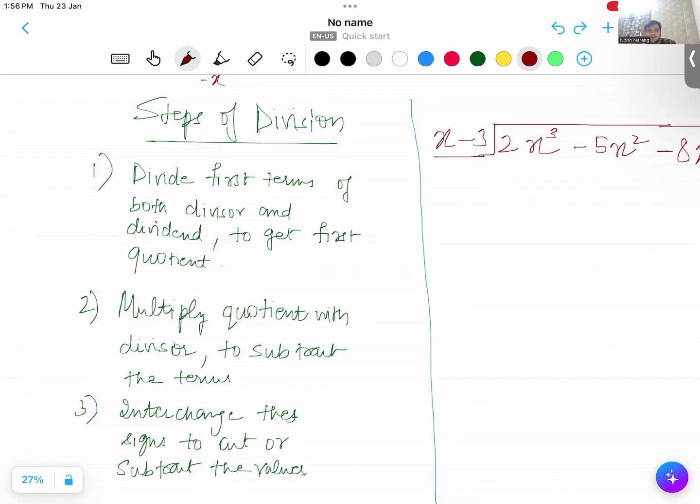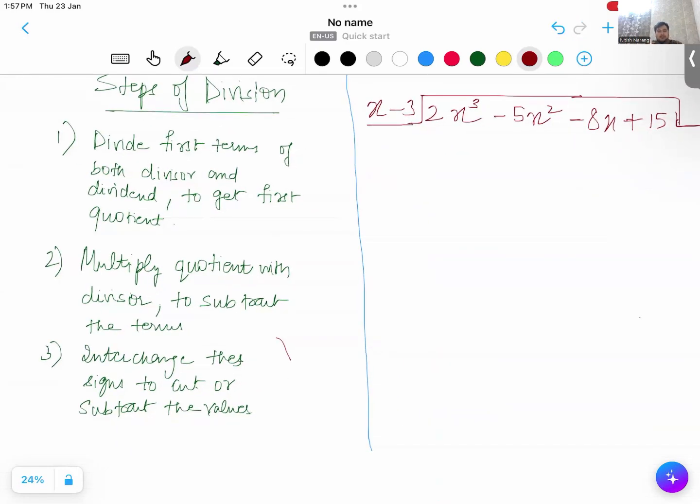Now, for division of polynomials, we will use some steps. Only 3 steps are needed to divide a polynomial completely and easily. You just have to remember 3 steps. First step is to divide the first term of the dividend by the first term of the divisor to get the first quotient. Now, when we get the quotient, we will multiply the quotient with the divisor to get the terms.